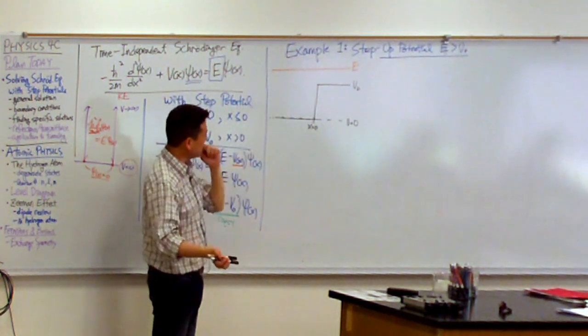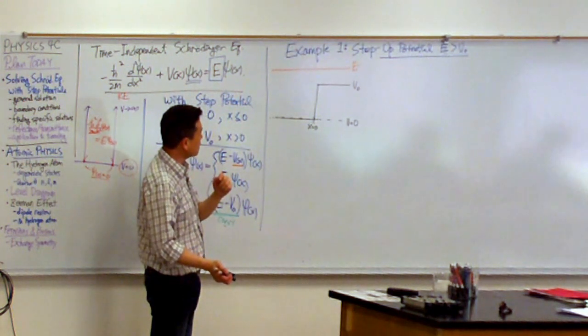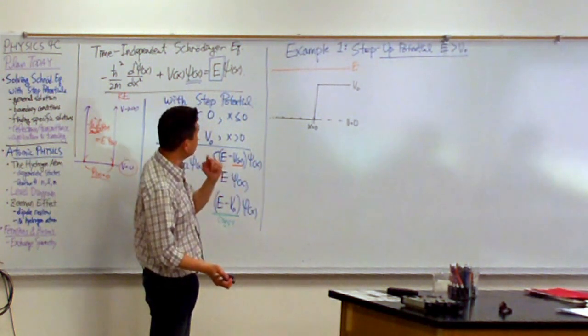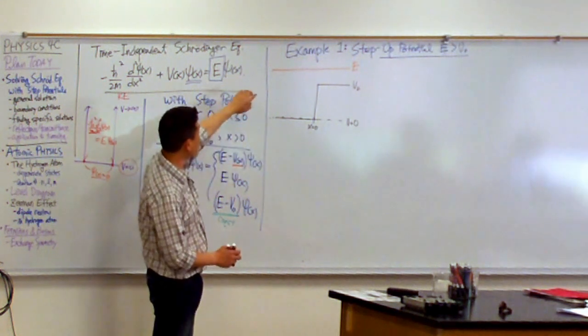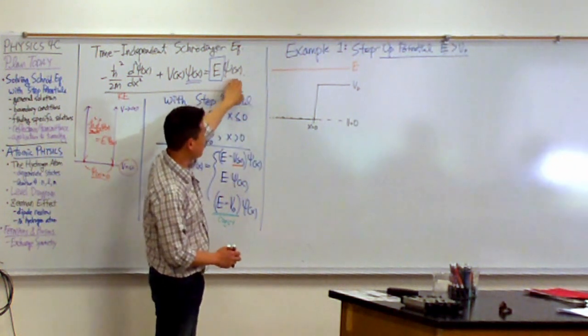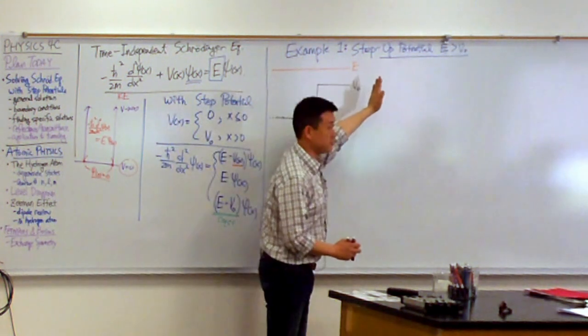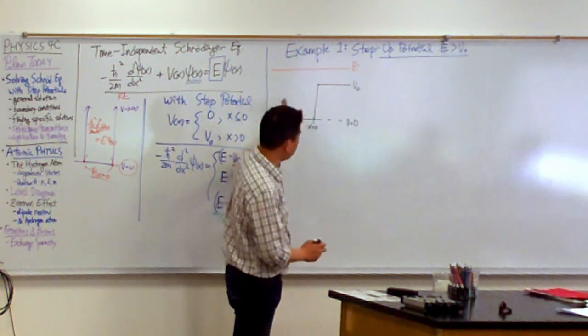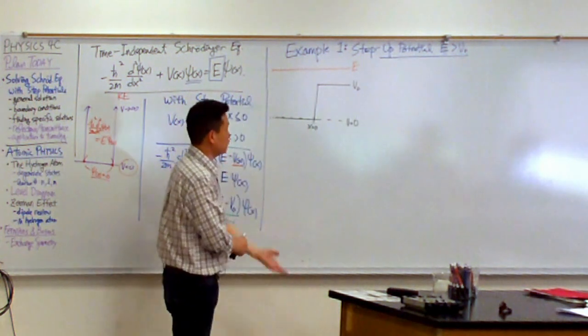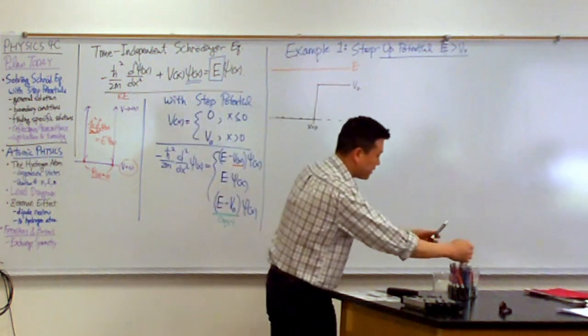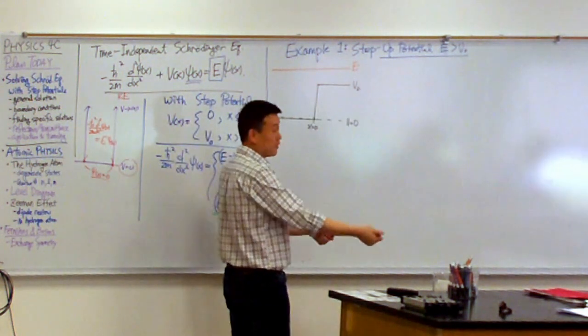So let me ask you this question. Would I be able to find an analytical algebraic form of the wave function that works for all the regions, from negative x to positive x? Let's say I did my usual guess thing.